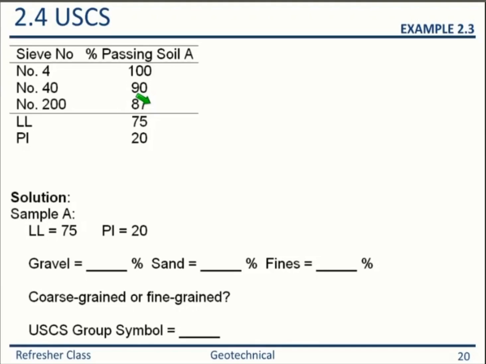Because more than 50% is passing through number 200 sieve, therefore it is a fine grained soil. If it is a fine grained soil, your first letter should be either M or C. Is that correct? If your first letter is either M or C, your second letter should be either L or H. Correct?